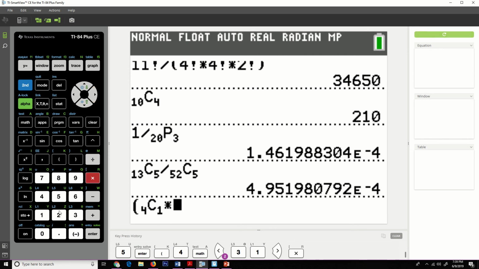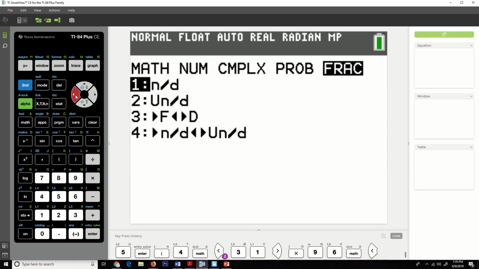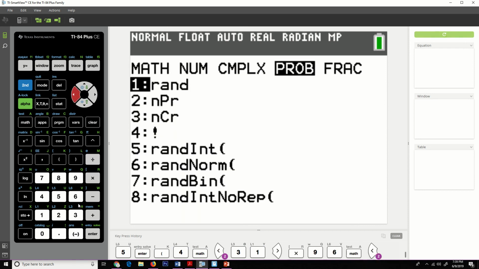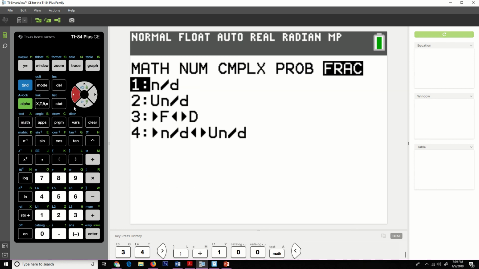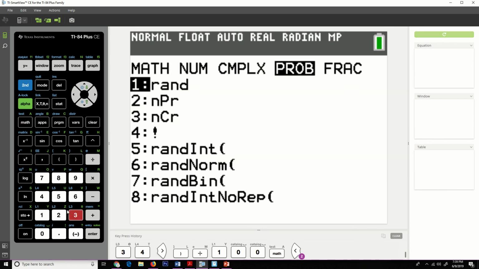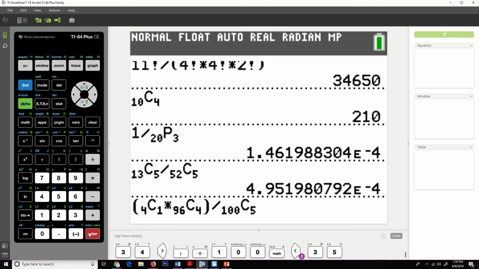And then we're going to hit times, and then it'll be 96, and then hit the math button, go over to probability, hit that 3, and we need 4 more of those. And so hit our right arrow key again to come up. We'll close that parenthesis for the top, and then we're going to divide by. There are 100 candies in the dish, and we are choosing 5 of them.